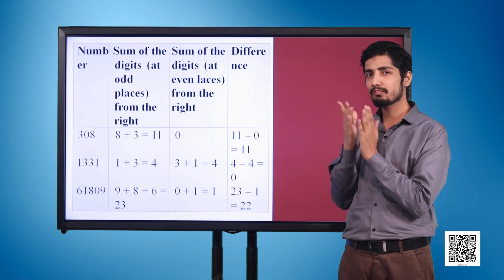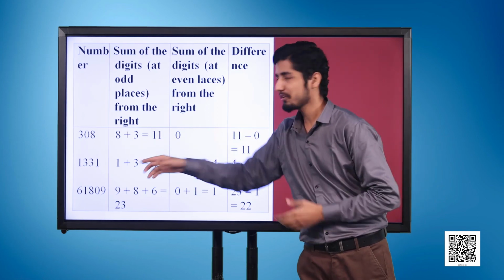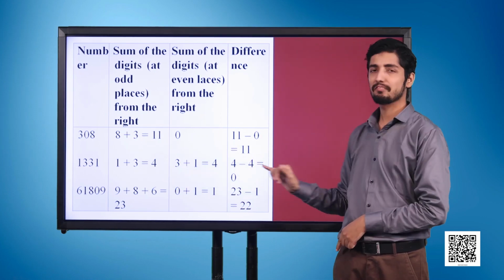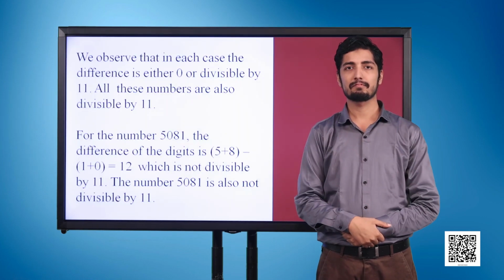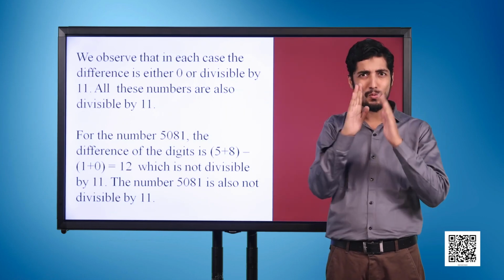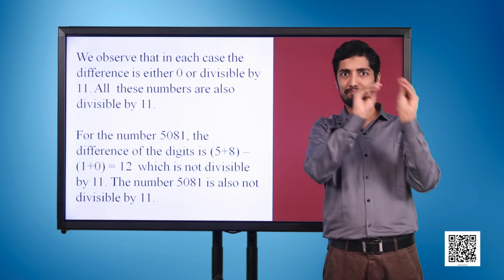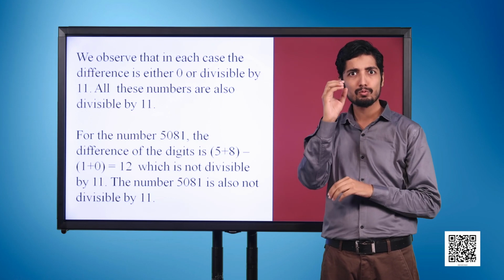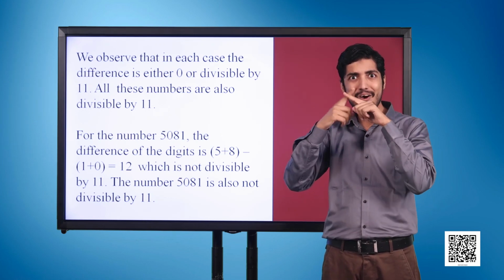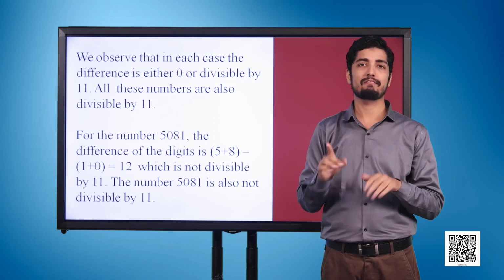Difference: 11 minus 0 is equal to 11. We observe that in each case the difference is either 0 or divisible by 11. All these numbers are also divisible by 11.